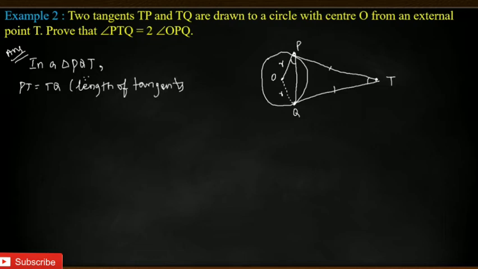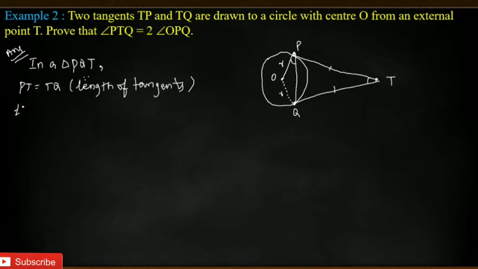Next, the triangle TPQ is an isosceles triangle because two sides are equal. Two sides are equal, then two angles are also equal. So what are those two angles? This angle and this angle will be equal.